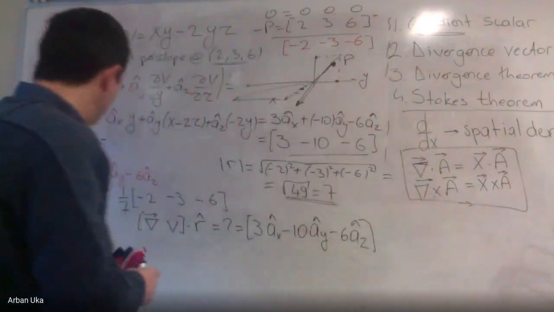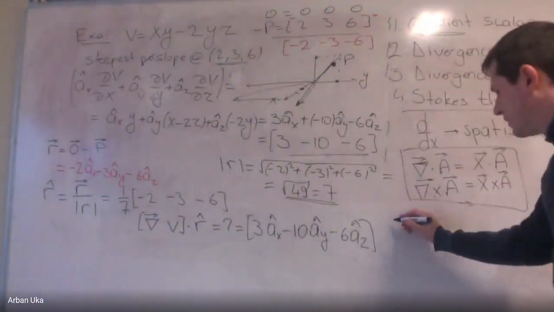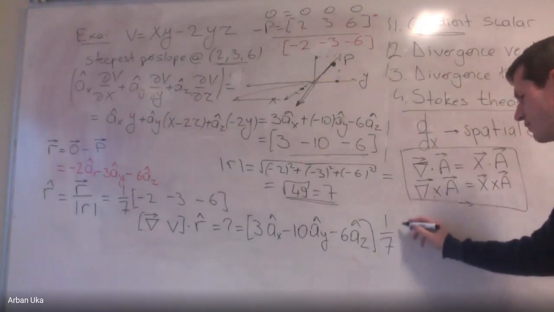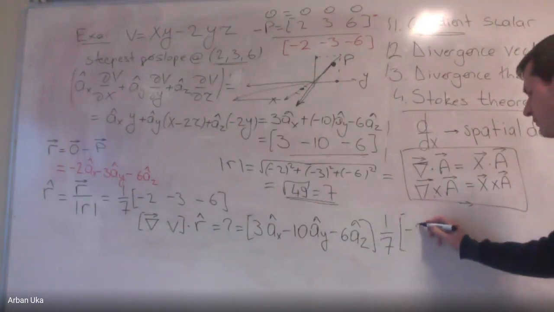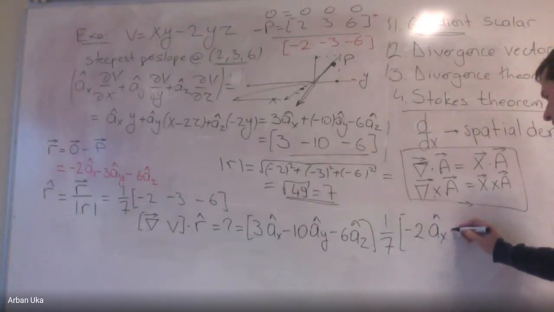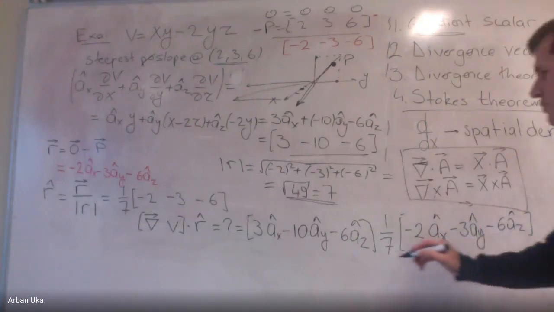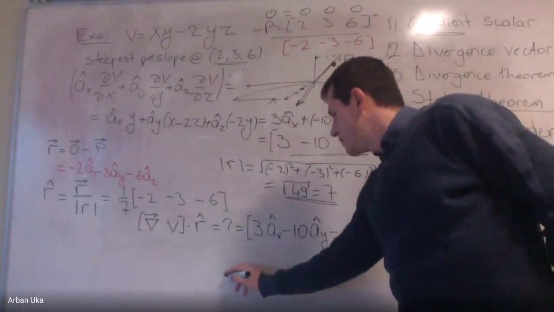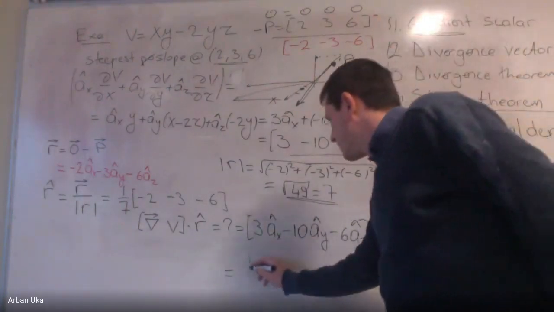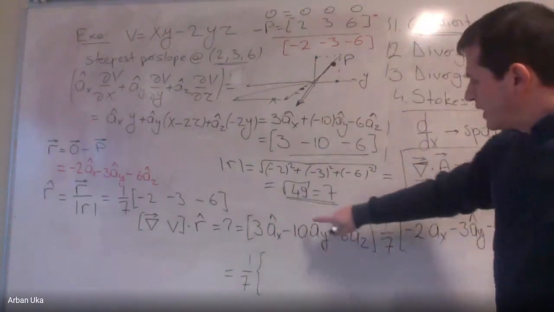We just multiply with these terms, where here we get 1 over 7, that's 1 over the magnitude. We have minus 2ax, sorry, minus 3ay, and minus 6az.